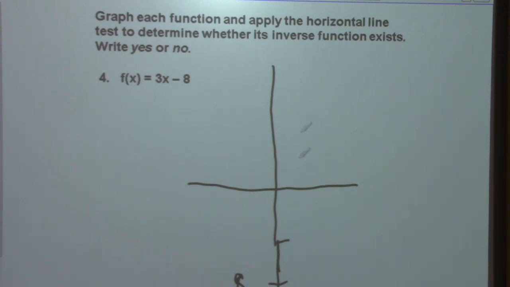So when you graph it, it's going to look something like this. Does an inverse function exist here? Yes, it passes. The inverse function exists, and it passes the horizontal line test.